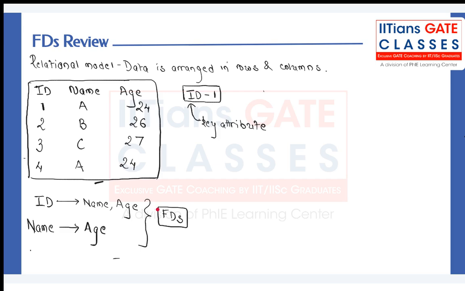If I have a unique value of age, can I get a unique value of name? If the value of age is 24, what name will I get? If the value of age is 26, what is the name I will get? If the value of age is 27, what is the name I will get?